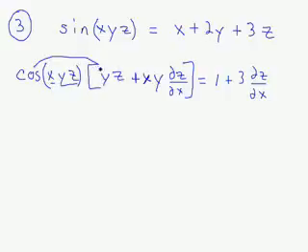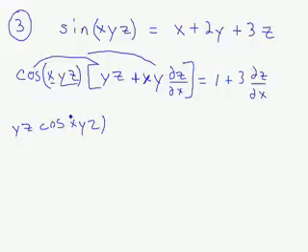If I distribute the cosine here, I'll have y times z cosine xyz plus x times y dz/dx, the partial of z with respect to x, times the cosine of xyz.